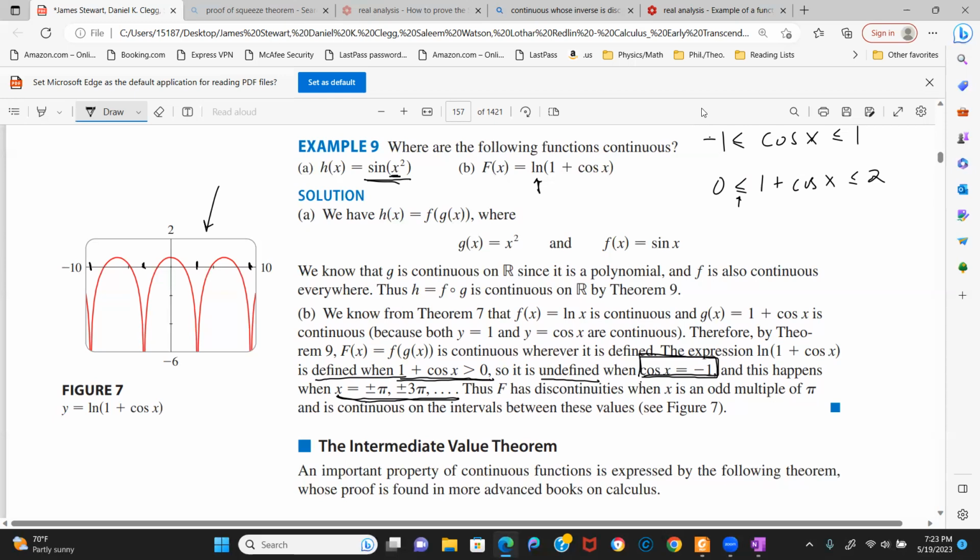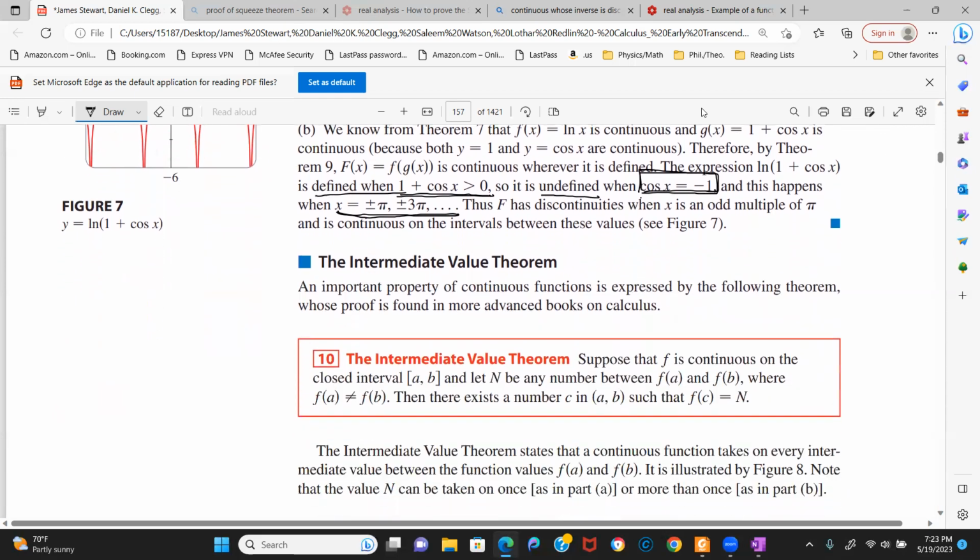And I mentioned that at the beginning. So how do you state that mathematically? Well, here's how you do that. You start with f as a continuous function on the closed interval [a, b]. So f is a function from the interval [a, b] to the real numbers. And then n is any number between f(a) and f(b). Think of f as instantaneous velocity, if you want.